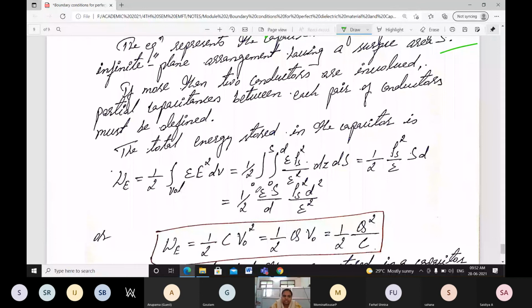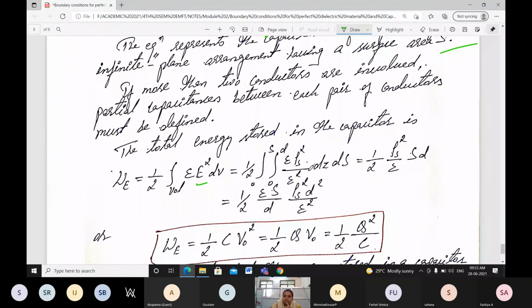Then the total energy stored in the capacitor is W equals 1 by 2 times the integral over volume of epsilon times E square dV. Substituting for epsilon times E, we get the equation.